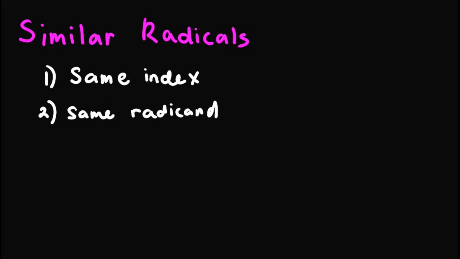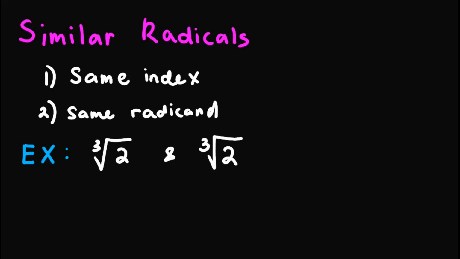So as an example, if we have cube root of 2 and cube root of 2, these two are similar since the index out here is the same and also the radicand out here is also the same. So these two are similar radicals.